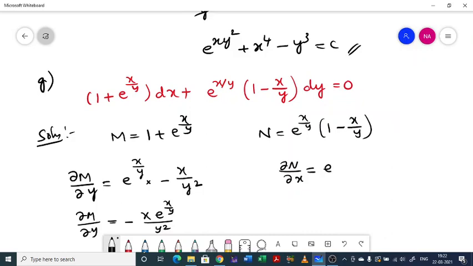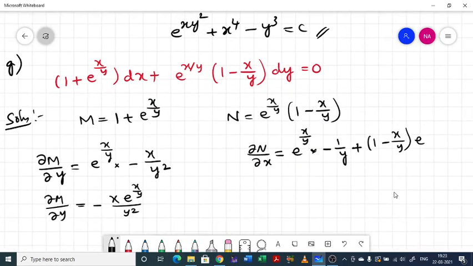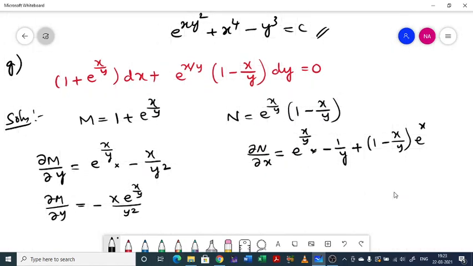So the first term e power x by y, differentiating this one, so 0 minus 1 by y, plus (1 minus x by y) into e power x by y. Derivative of the exponential function you get as it is, into the derivative of x by y, that will be 1 by y.